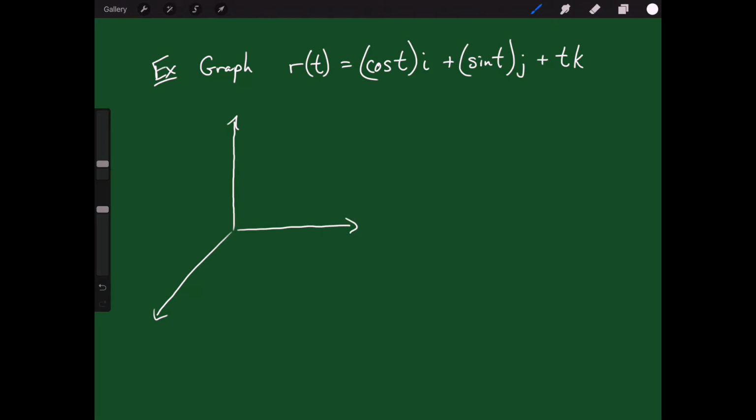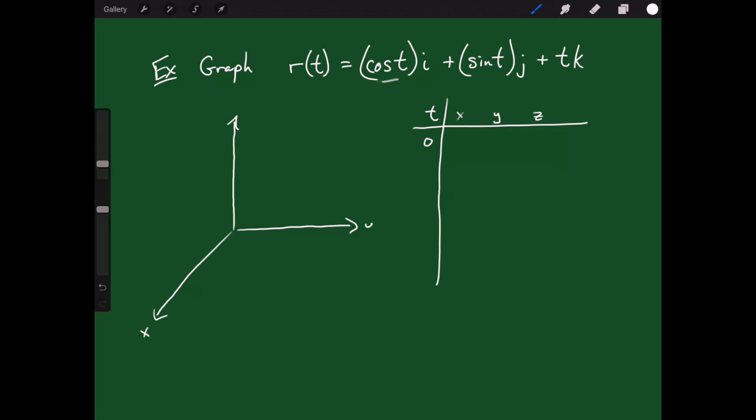So let's say that t was equal to 0. And maybe I'll just make a chart over here. T. And then what do I get in the x direction? What do I get in the y direction? And what do I get in the z direction? So if t is 0, then I plug in 0 for cosine of t to get my x direction value.